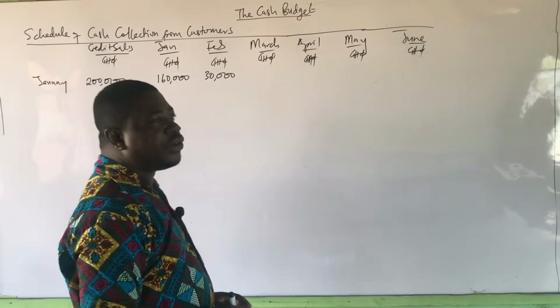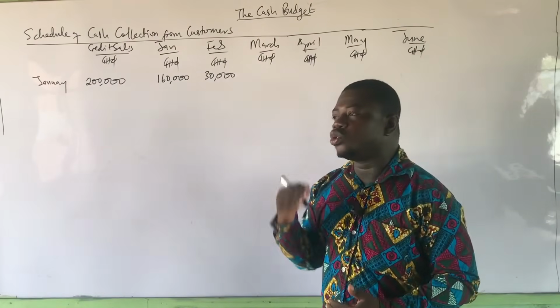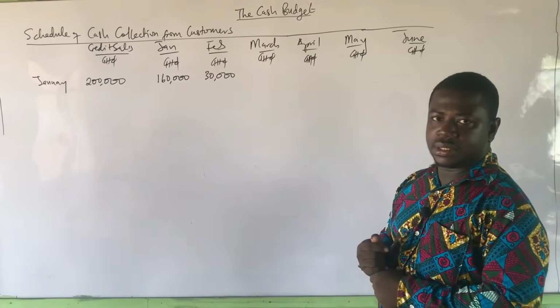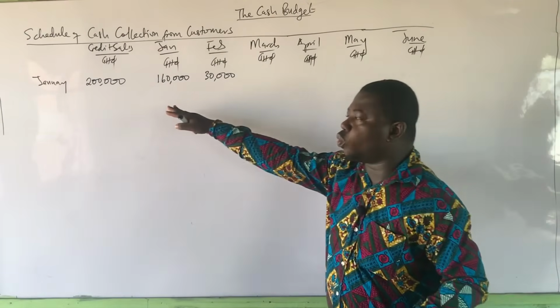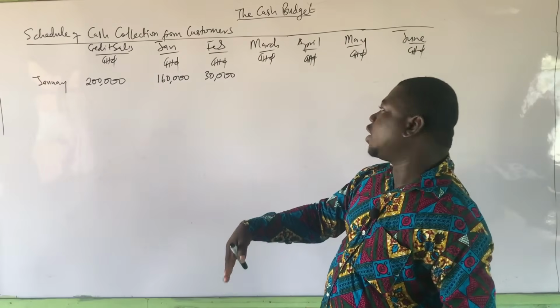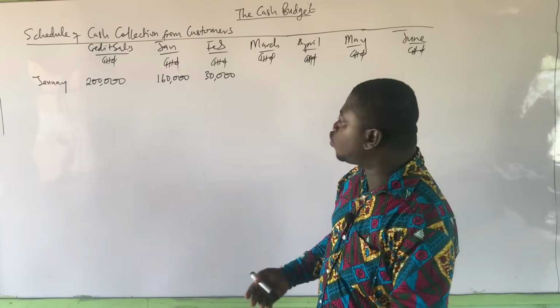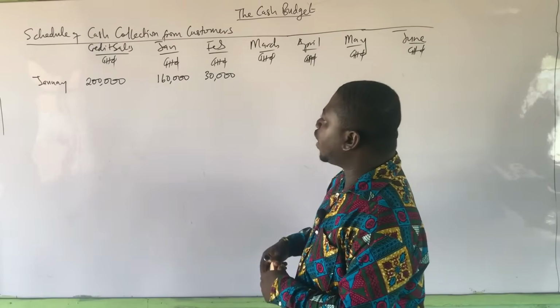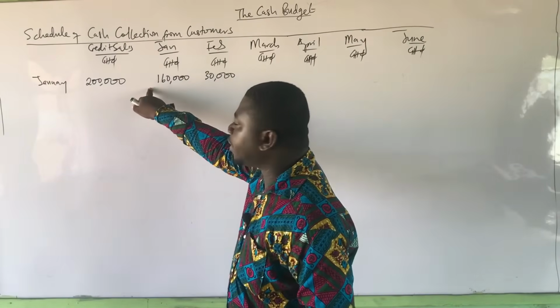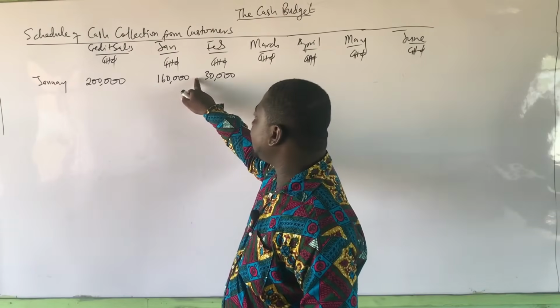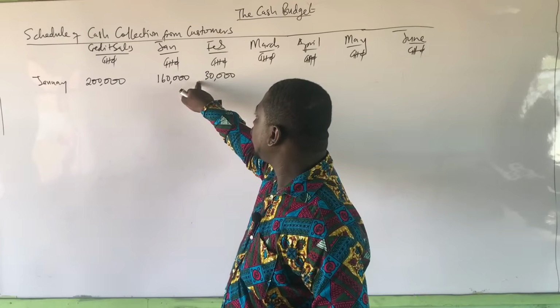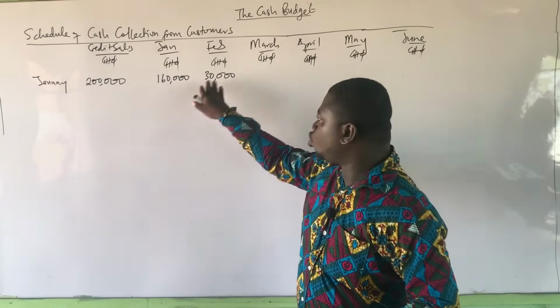Then we go to February and we do the same for February. We are going to do that month after month, and that is very important. Of course, I know you may be asking why I did not show workings. The percentages have been given, but if you want to show workings, there is no problem with that. You would have just put the 80% in brackets here, and the 15% also in brackets here to show.